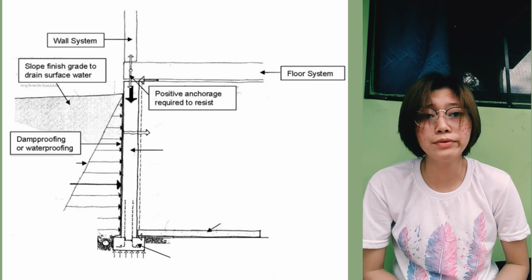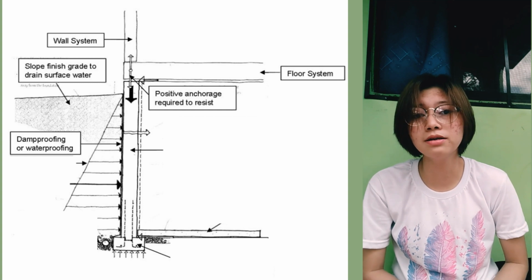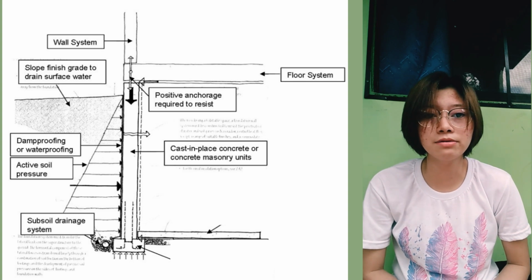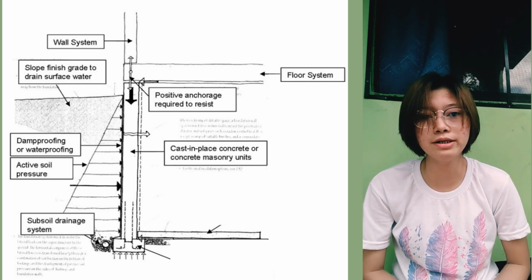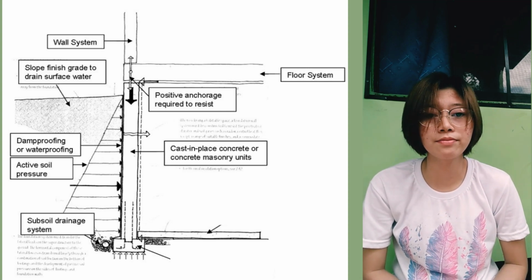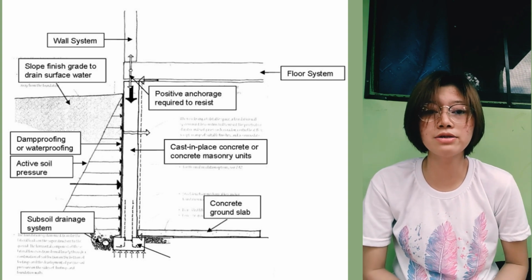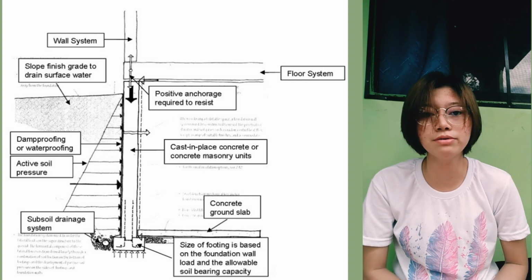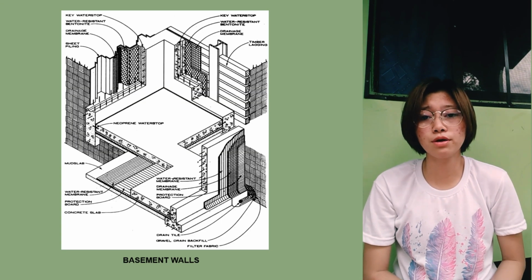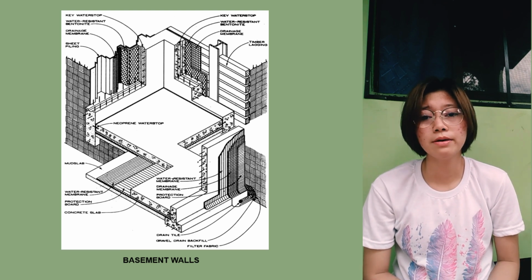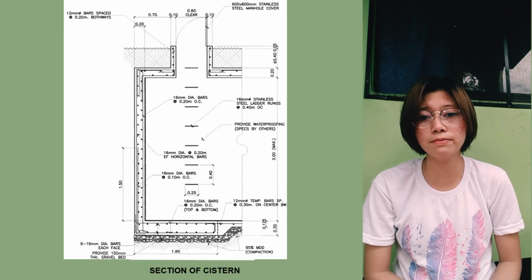There is damp proofing or waterproofing, active soil pressure, cast in place concrete or concrete masonry units, and subsoil drainage system, also concrete ground slab, and size of footing is based on the foundation wall loads and allowable soil bearing capacity. In the other picture, you will see the sample of basement walls and section of cistern.